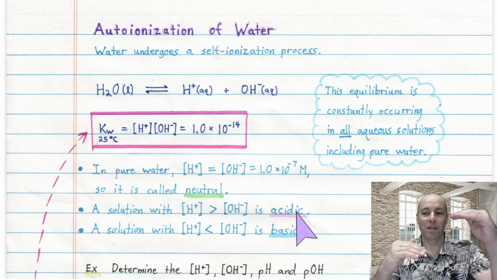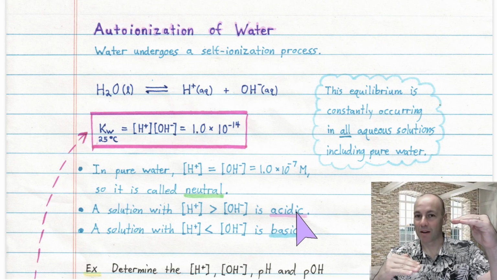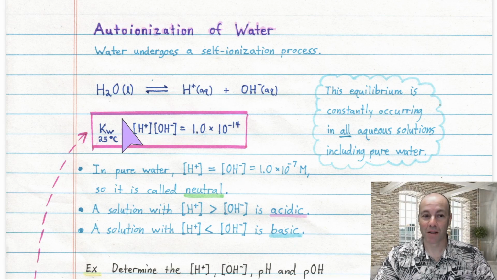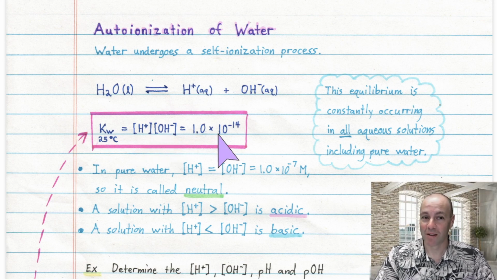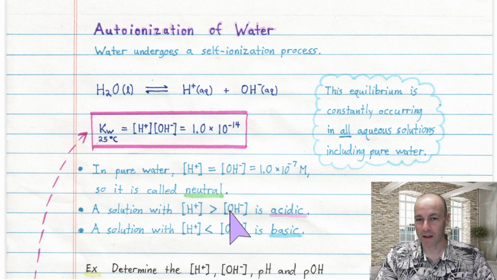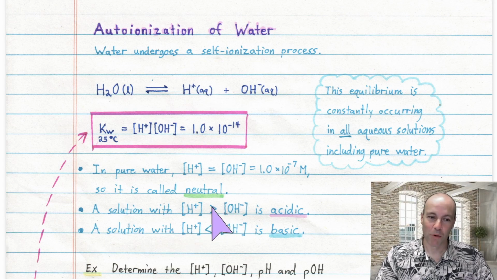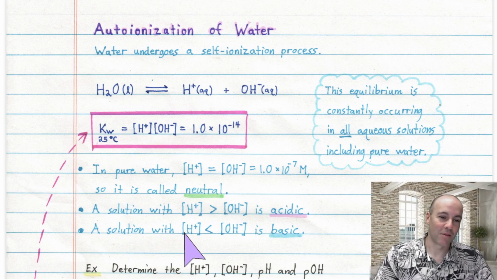And so the proton concentration goes up, but the hydroxide concentration ends up going down because the product of those two concentrations must still equal 10 to the minus 14. So if you dump in extra proton, then the hydroxide concentration decreases. So solutions with more proton than hydroxide are acidic, and vice versa. If the hydroxide concentration is greater than the proton concentration, we describe those as being basic.